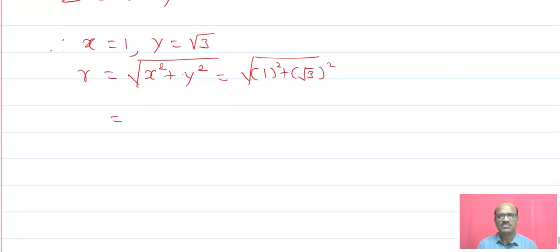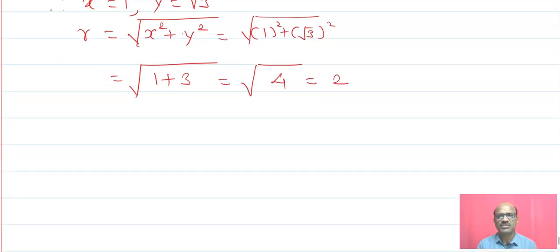Some of the students ask me in the comment box how to find the angle. Now this point lies in the first quadrant, therefore the angle is very easy. It's in between 0 to pi by 2. We are finding the value of r.